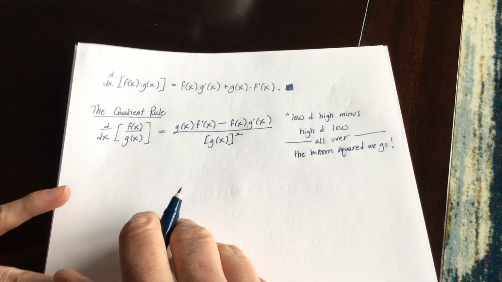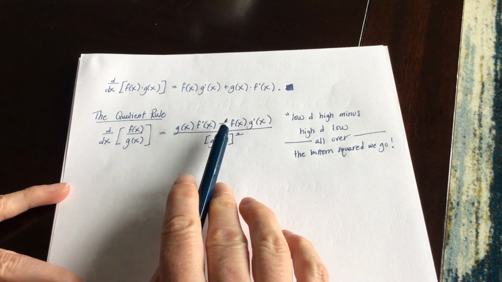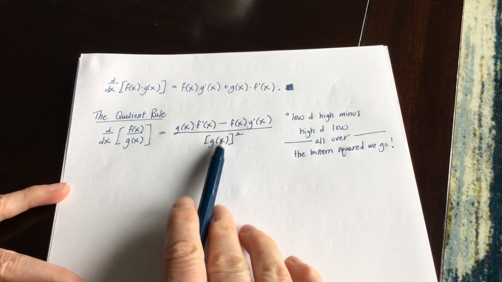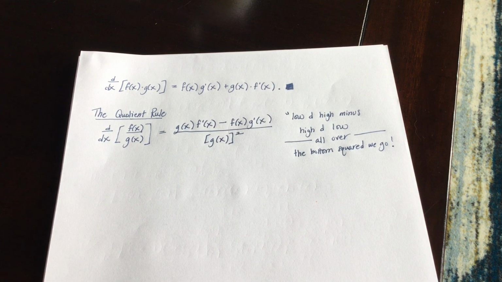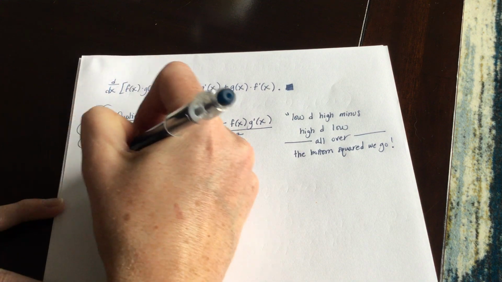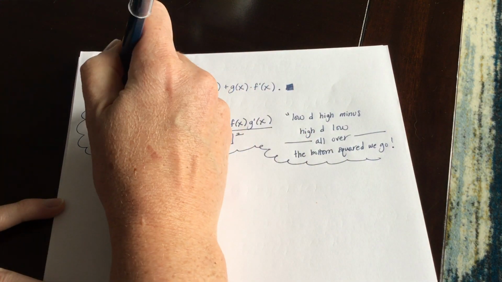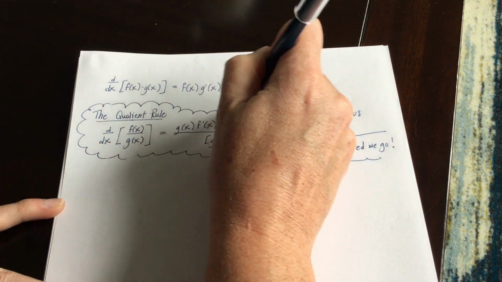There we go. All right, one more time with the horrible Swedish accent. Low d high minus high d low, all over the bottom squared we go. So glad you're here today. Not really here. All right, anyway, so you should memorize that. With or without the Swedish accent, my friends, you've got to be able to employ the quotient rule.